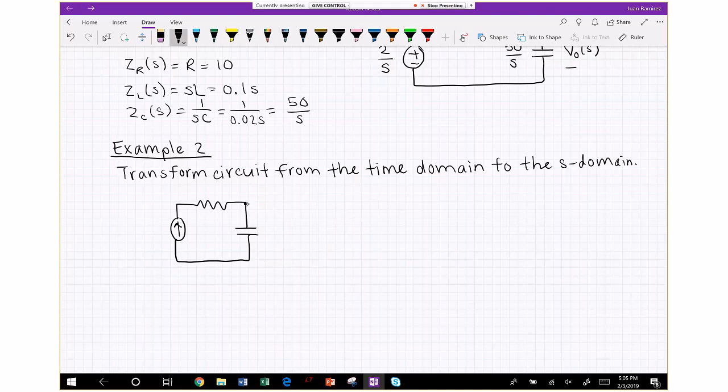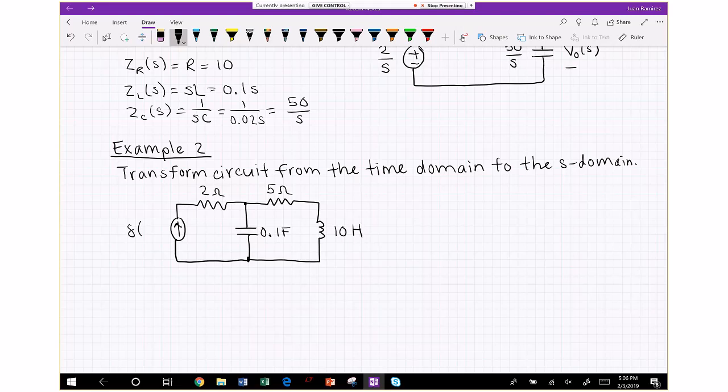The values of the resistors are 2 ohms and 5 ohms. Capacitor value is 0.1 farads. And the inductor value is 10 henries.